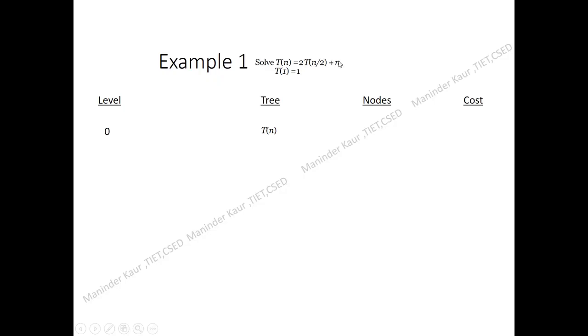That is n, and then the remaining cost is for further processing the T(n/2) section on each side. So T(n) can be represented as n plus T(n/2) plus T(n/2). This is the cost for splitting and combining the results at the zeroth level, that is at the level of T(n).